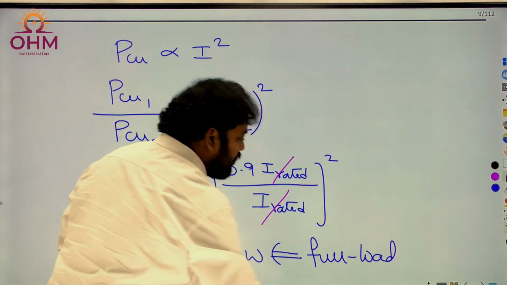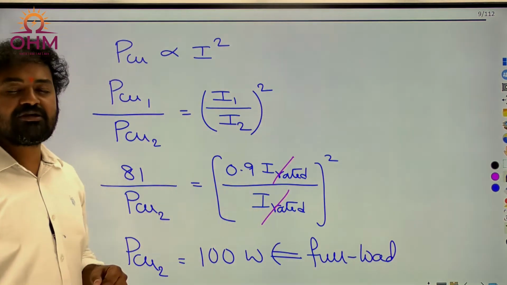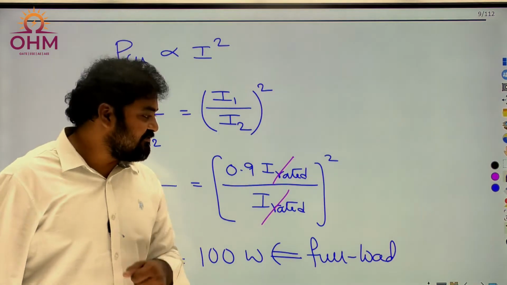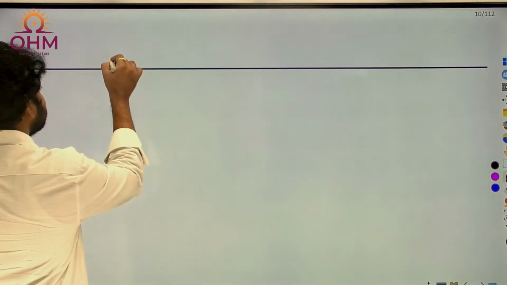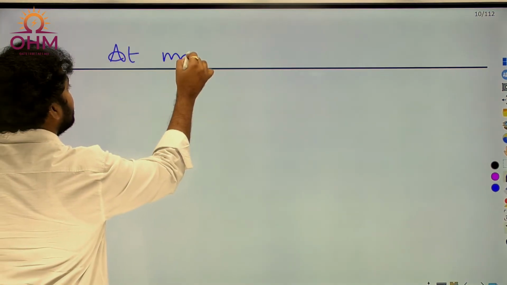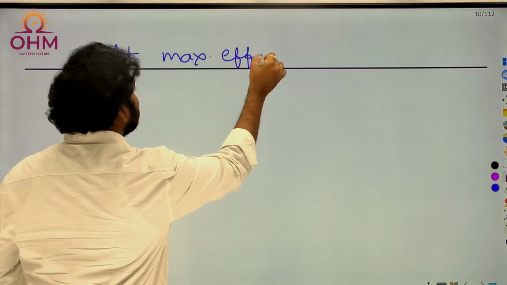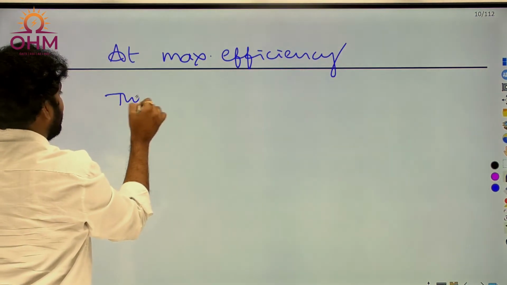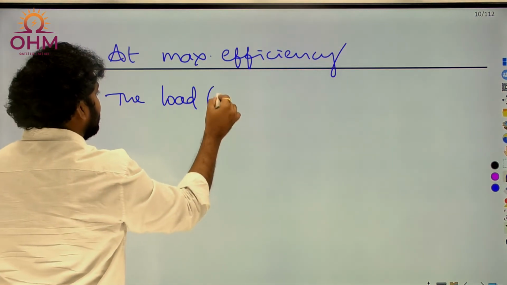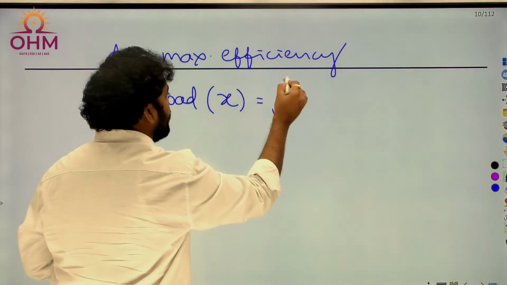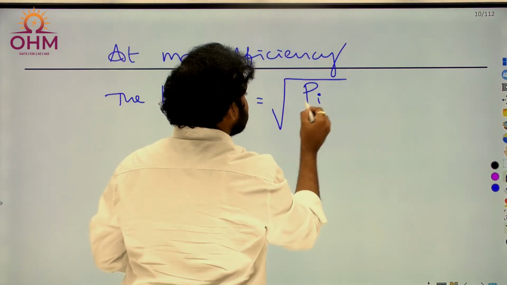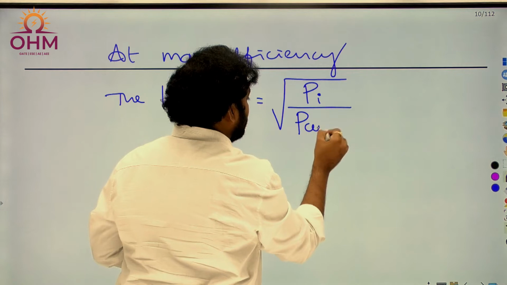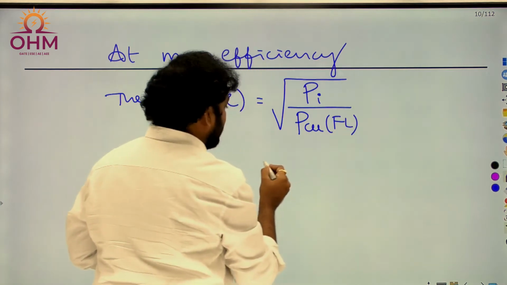Now once you know copper loss at full load condition, we can find out the condition for maximum efficiency. Yes, what is the condition for maximum efficiency? We know at maximum efficiency, the load X is equal to the square root of iron loss divided by full load copper loss, right? What is iron loss?